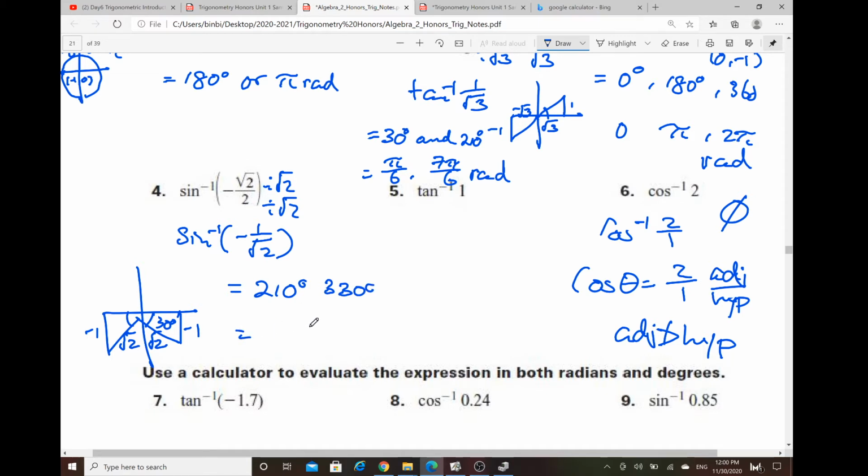Now convert that to radians: 210 multiplied by pi over 180. Again, the one that we did already, 7 pi over 6. And then the other one here will be 11 pi over 6: 330 times pi over 180, divided by 3, top and bottom.